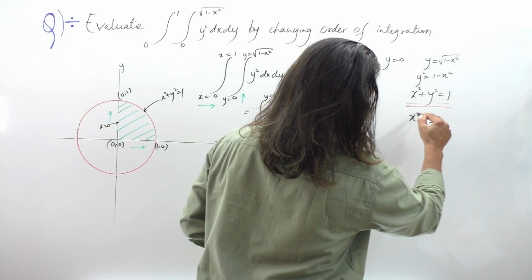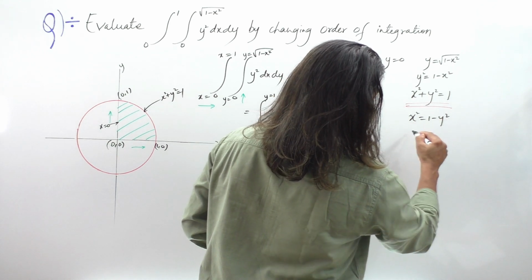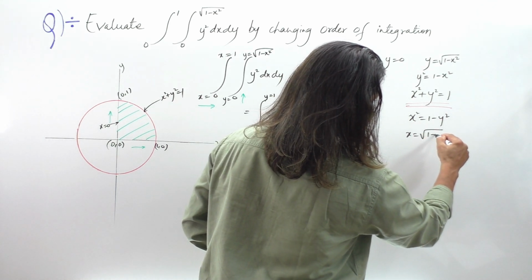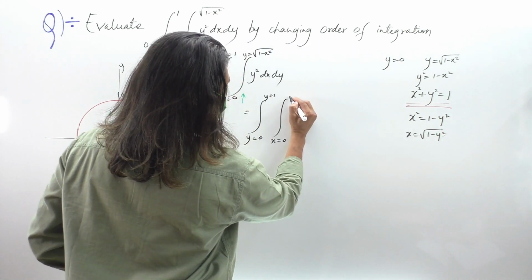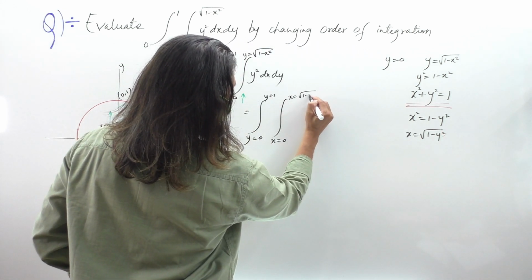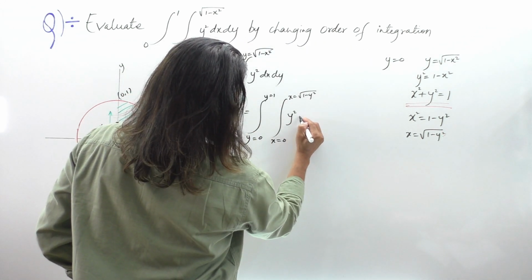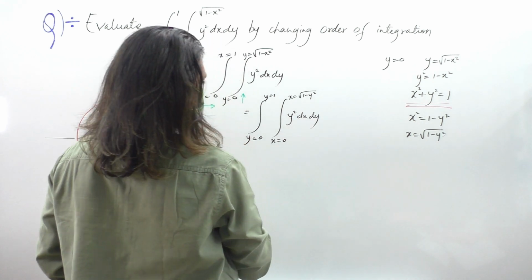That means x square is equal to 1 minus y square, so x is equal to root of 1 minus y square. So we write it here: x is equal to root of 1 minus y square, in dx dy.